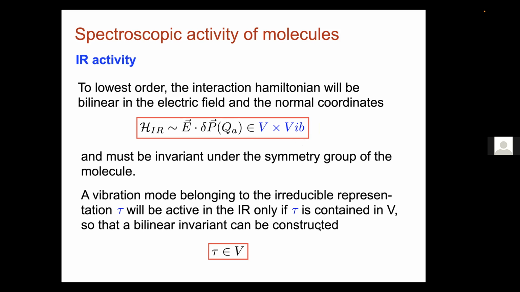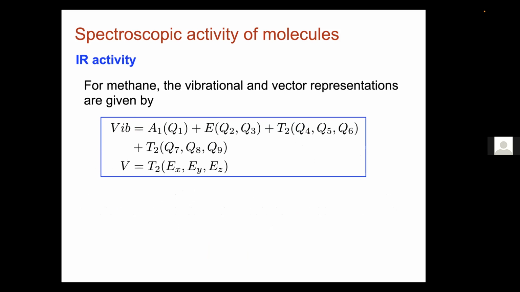Okay, let's see an example. Let's do it for methane. For methane, that was the decomposition of the vibrational representation. That's what we did last time. These are the normal coordinates.